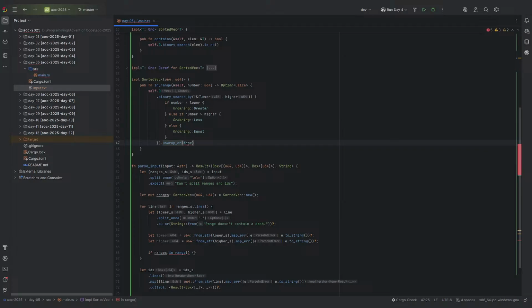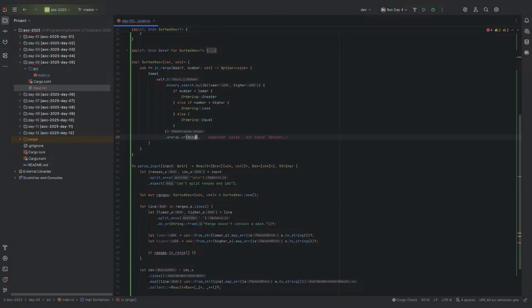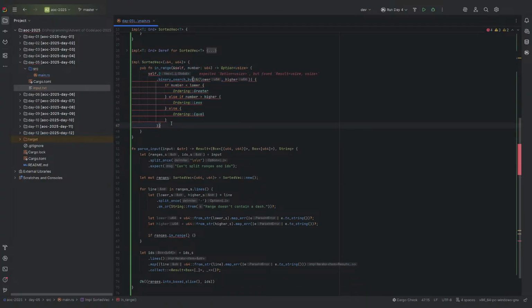Does that work? Why does that not work? How do I go from... Oh, okay, that's what I need. Nice, that's simple.